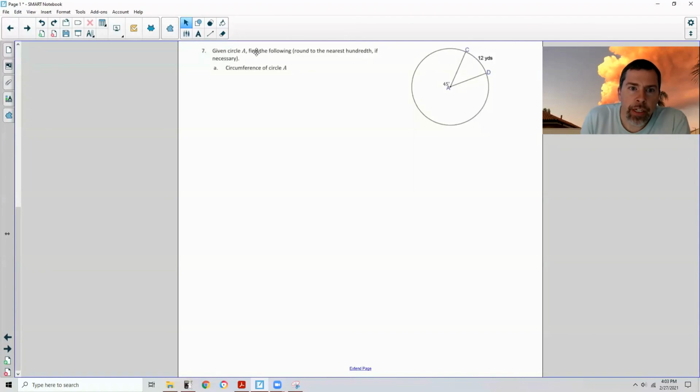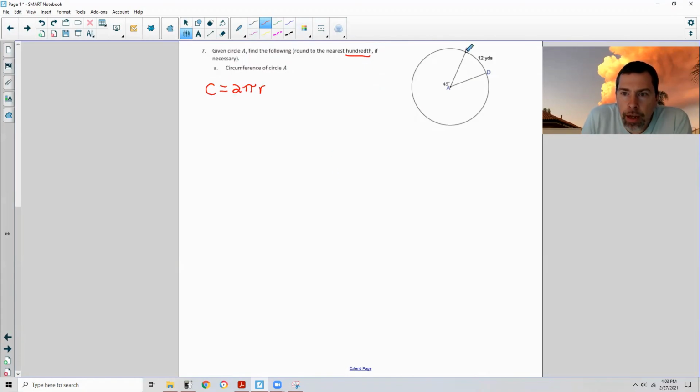Okay, number 7, given circle A, find the following, round to the nearest hundredth, 2 decimal places, if necessary. Circumference of circle A. Okay, well, circumference equals 2 pi r.